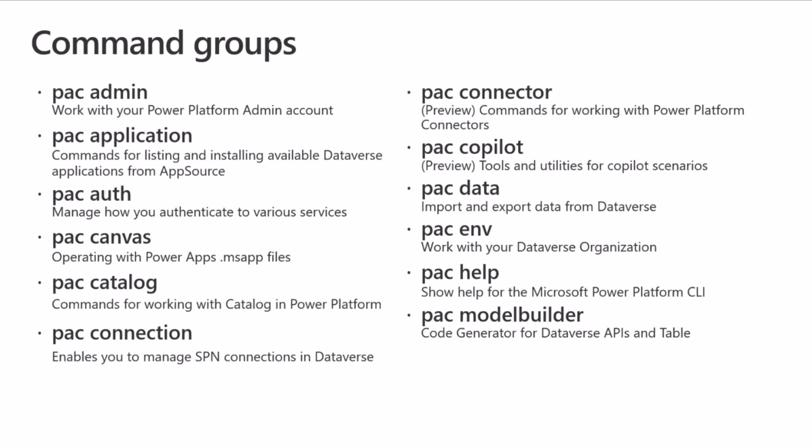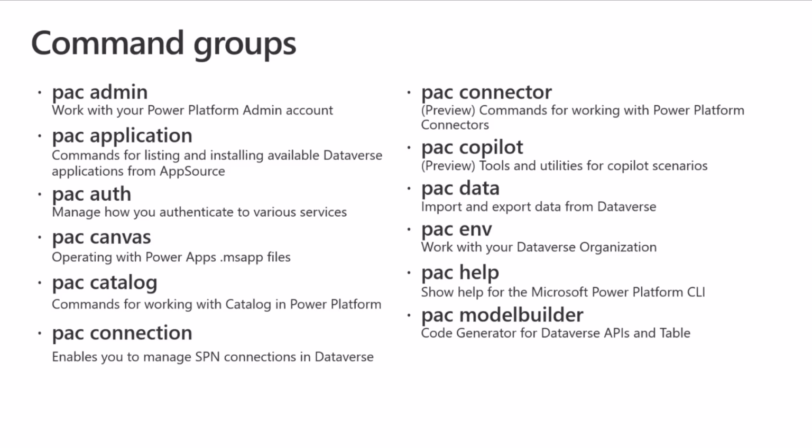An example of that is, for instance, the PowerCAT tools that are out there, or the Center of Excellence Starter Kit is also something you can install through that as well. pac auth is about all the different Power Platform authentication profiles that you can have. You can work with Canvas apps. You can work with a whole bunch of things like connections, connectors. You can work with Copilot Studio. There's a whole bunch of things available there.